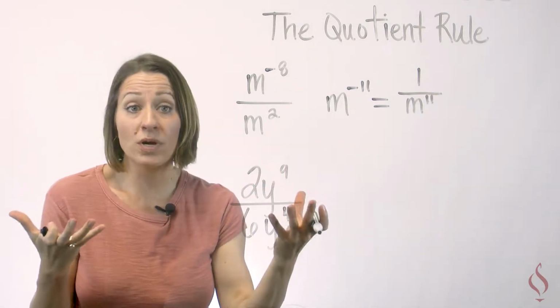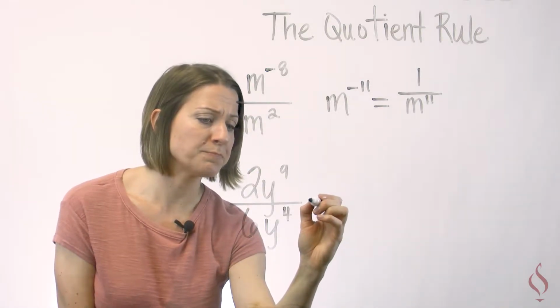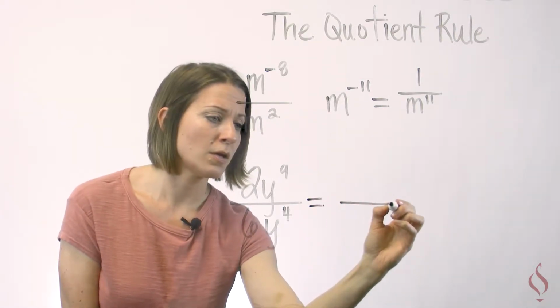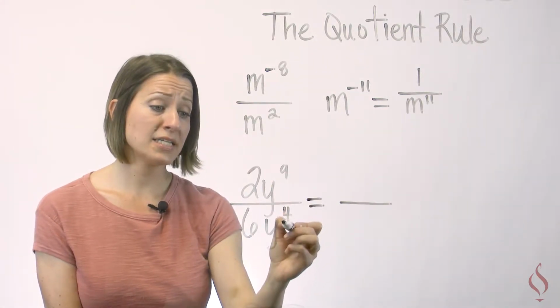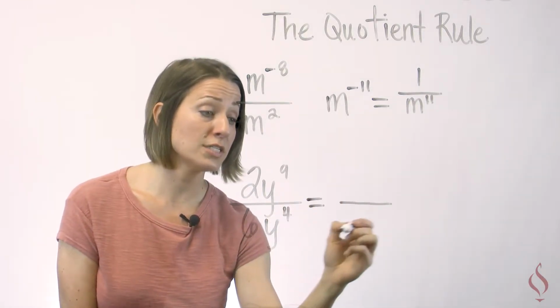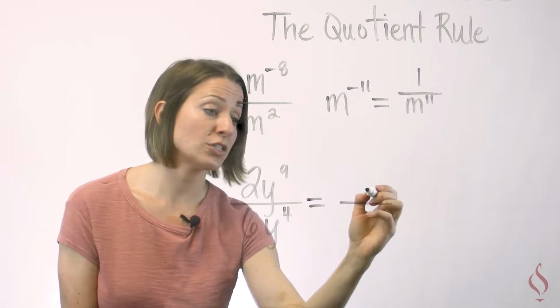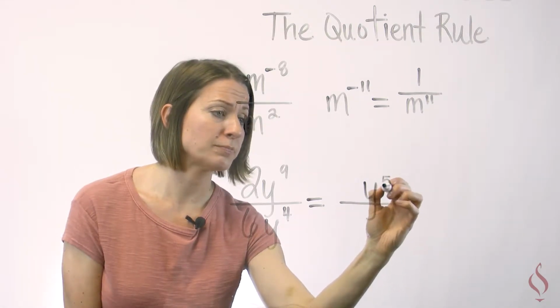We have a visible 1, I guess. So we're going to work this problem slightly different. You can draw your fraction bar. The first part, y to the 9th, and then y to the 4th, we're still going to subtract it. And that answer actually stays in the numerator.